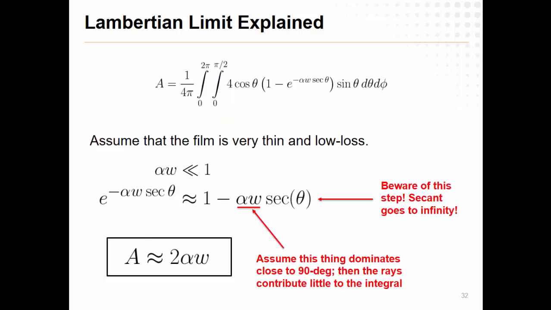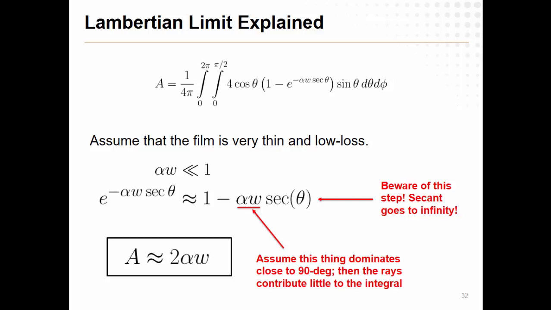So that's actually a really difficult integral, so you do some approximations on it. In the thin film world, we are going to assume that I have a relatively low loss material, because you saw the absorption length in silicon is like several hundred microns, and they're very, very thin. So this number we're going to assume is very, very small.